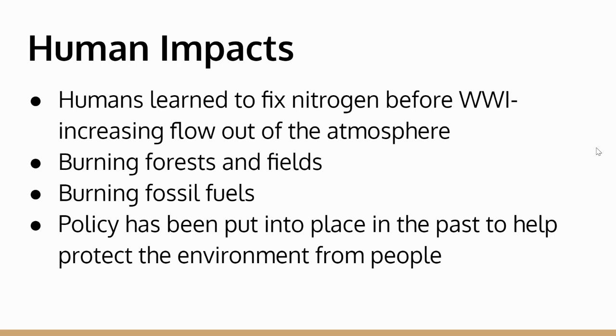But policy has been put in place in the past to help protect the environment from people. The amount of fertilizers and the amount of nitrogen in those fertilizers that are allowed to be used have changed over the years, as well as the amount of forests and fields that can be burned and why they are burned. So this is essentially the entirety of the nitrogen cycle.